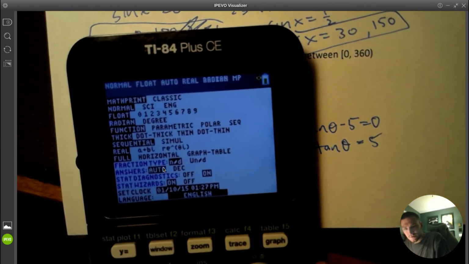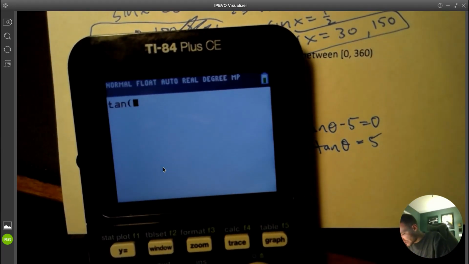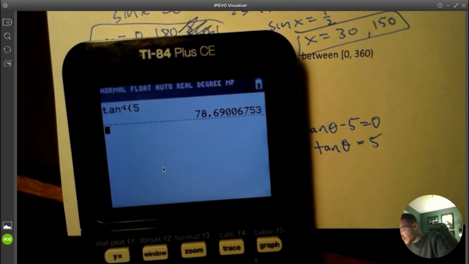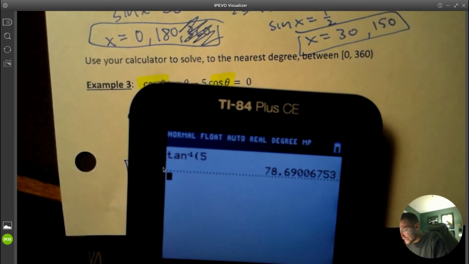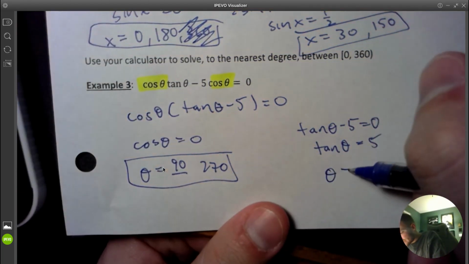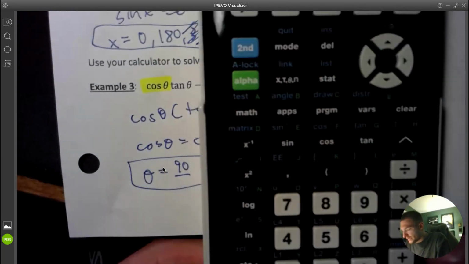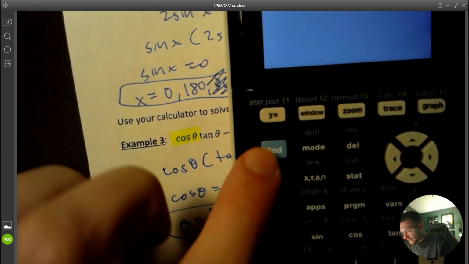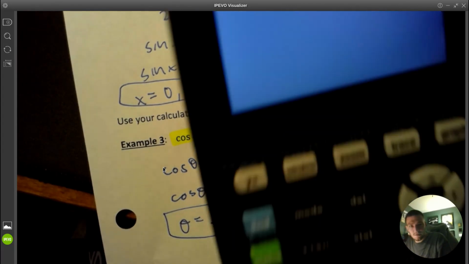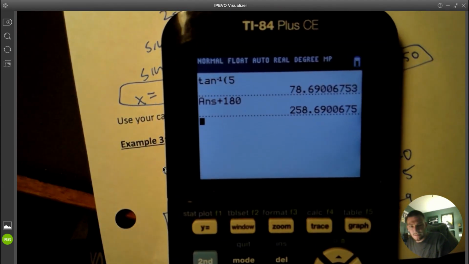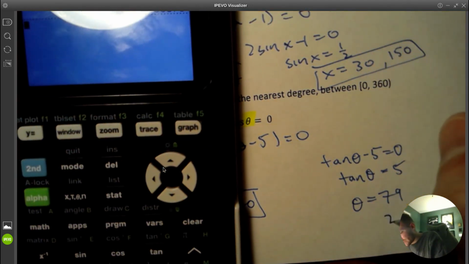Mode, degrees. Second tangent of 5. And I'm going to round that to 79. And I want where it is positive, that would be in the third quadrant. That would be answer plus 180, 258 point whatever, so I'll do 259.